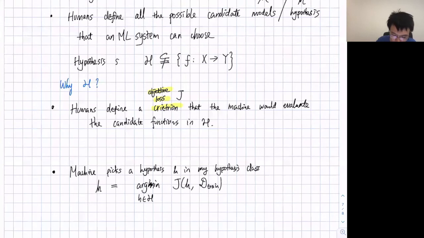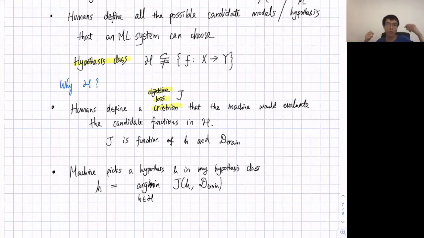Okay. So I think it's more standard to call it hypothesis class. And I would make a note saying J is a function of H and my training set. So the first two steps of machine learning start from humans. We first define all the possible functions that the machine learning system can pick.